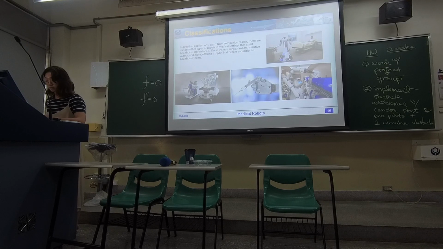Next, we'll introduce classifications. In the field of medical robotics, there exist numerous types of robots that serve different functions due to device application scenarios. The following will introduce medical robots in various environments.